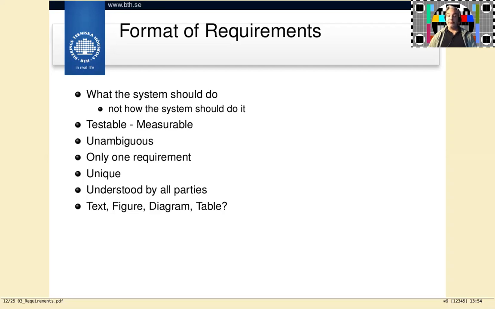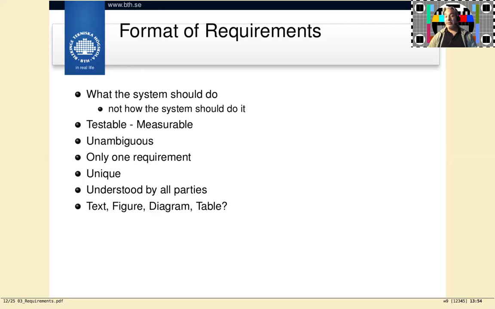But the question of how to satisfy these bullets can be done in many different ways. You can do it with natural language text, of course, which is the most common one. You can use a figure, an image, an illustration of some sort.